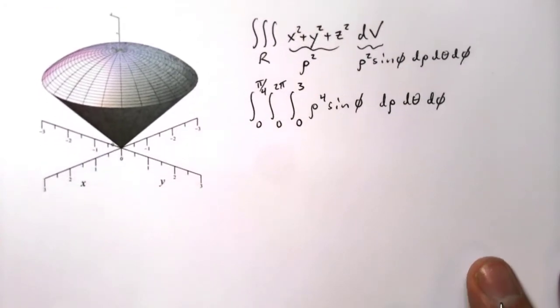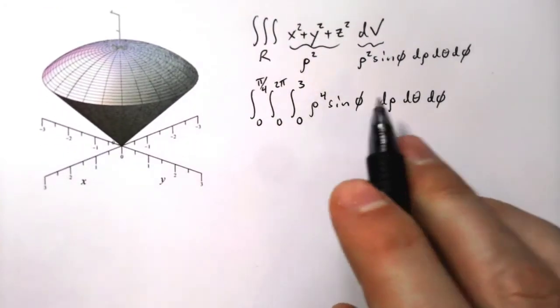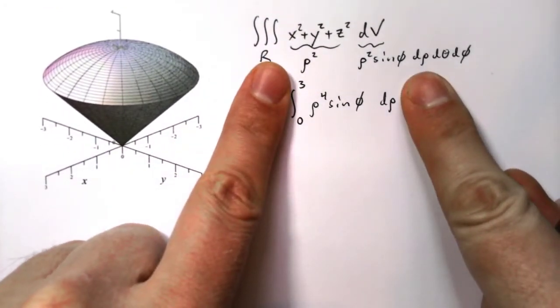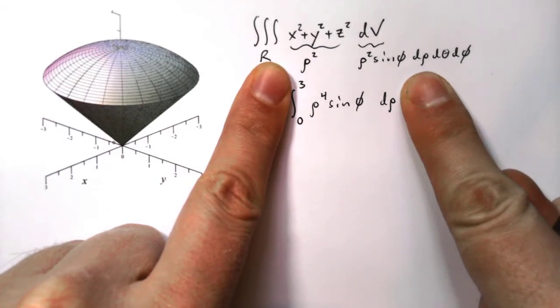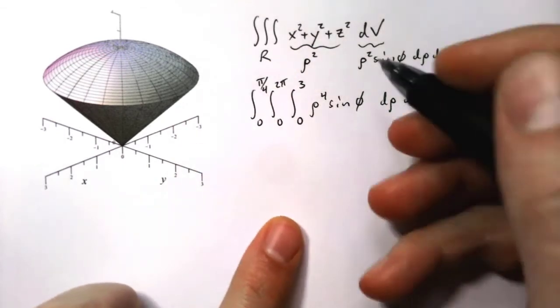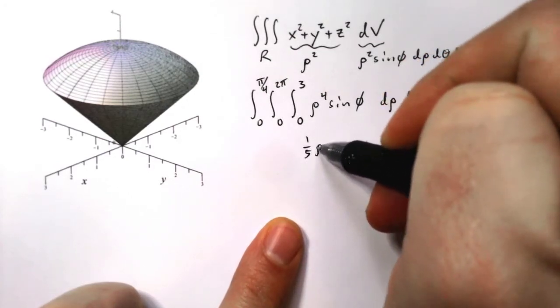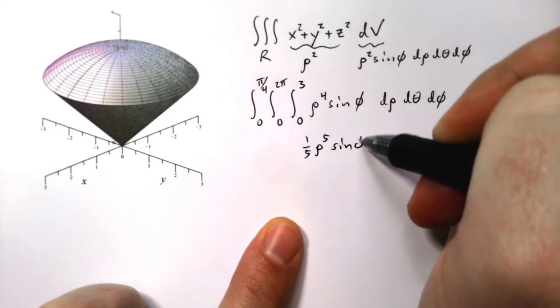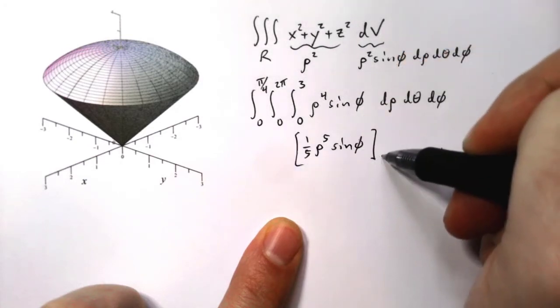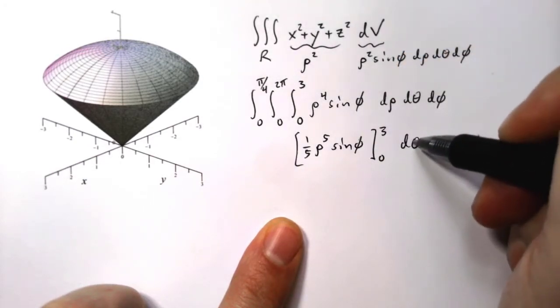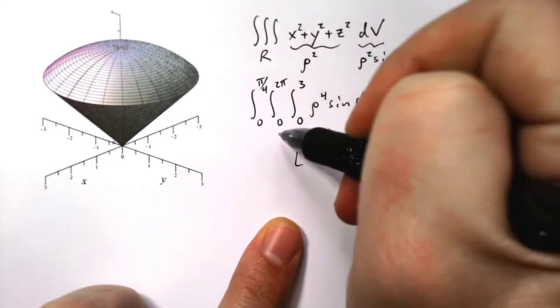All right, so first order of business is we're going to do the innermost integral, and we are going to antidifferentiate with respect to rho. Well, that's not too bad. That is just 1/5 rho to the 5. We're going to evaluate that from 0 to 3, and then we'll do our theta and phi integrals.